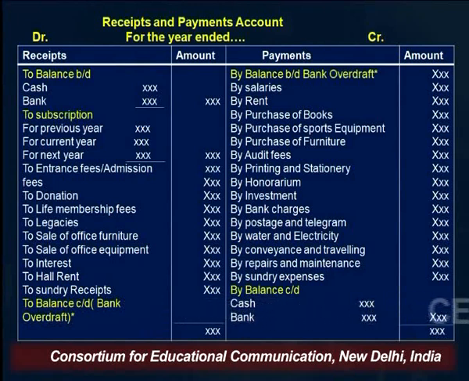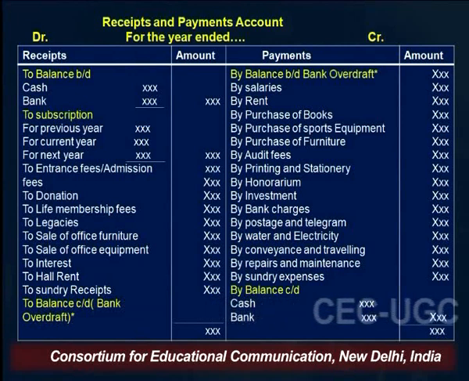And when the receipt and payment account is given and we have to prepare the income and expenditure account, the features of the income and expenditure account say that it is a nominal account in nature, and it follows the rule that all types of revenue nature items are to be recorded in it. All types of income or expenses pertaining to the current year only are to be recorded in the income and expenditure account.